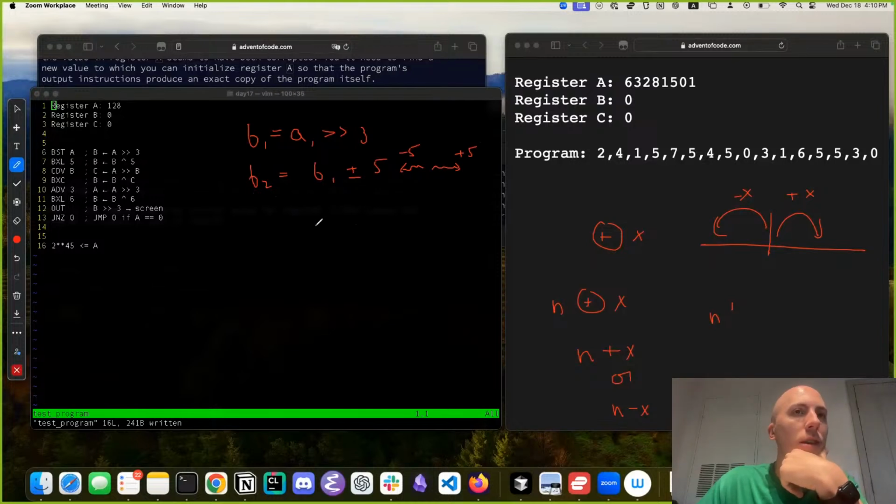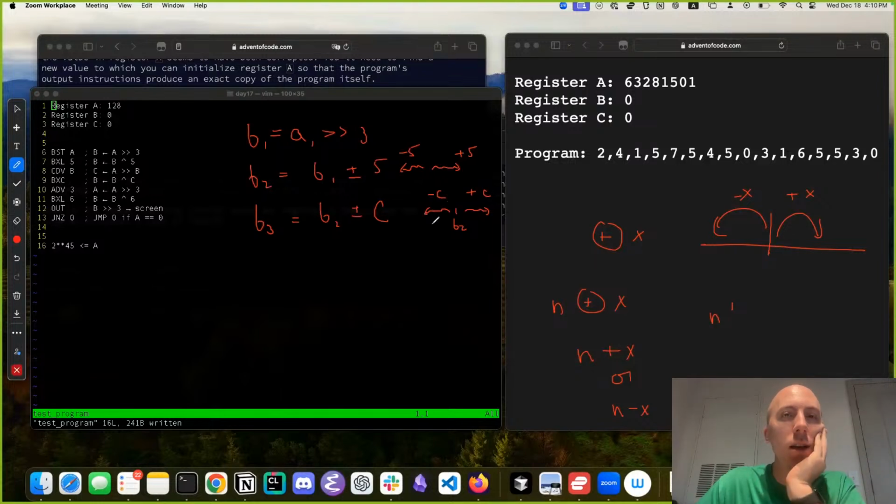And then we're saying b3 is equal to b2 XORed with c. So now we have b2 and we're either adding c to it or subtracting c from it, and we wind up in this range. And then finally b4 is equal to b3 XOR 6.